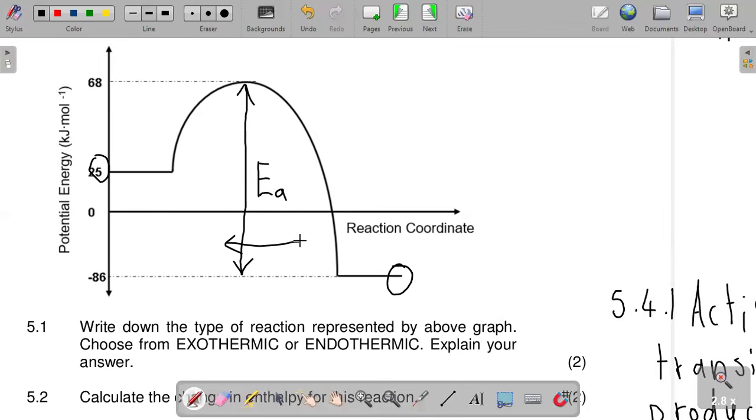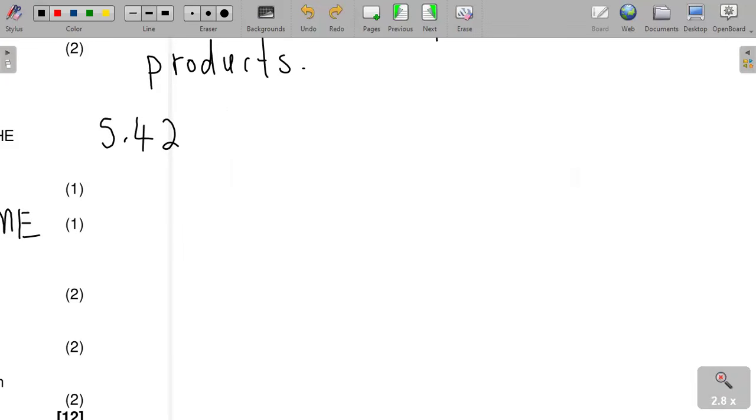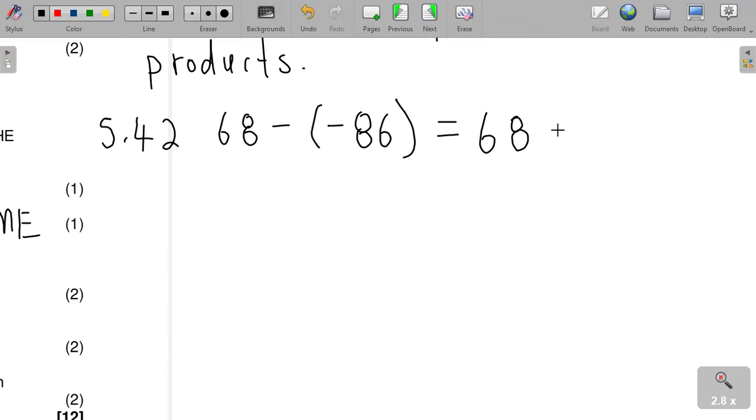So 68 minus negative 86. The two negatives will become a positive, so plus 86.